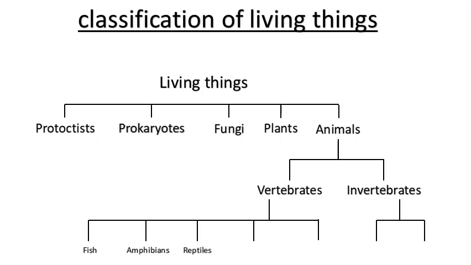Number 2, amphibian. Number 3, reptile, bird, and mammal. And invertebrates are further divided into two groups: insects, worms. So hopefully students, you have well understood the topic of classification of living things, and you can now differentiate between different groups of animals.